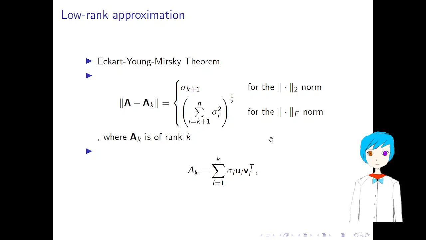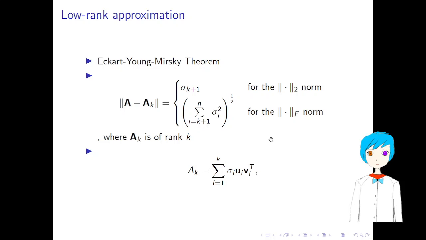If we are using the 2-norm, then the 2-norm of A minus A_k takes its minimum value at sigma_{k+1}, where sigma_{k+1} is the (k+1)th singular value of the matrix A. If we are using the Frobenius norm, then the Frobenius norm of A minus A_k takes the minimum value, which is the square root of the summation of sigma_i squared, where i ranges from k+1 to n.